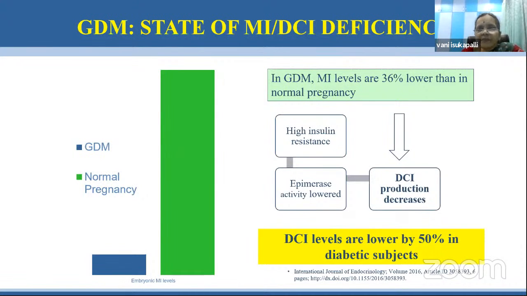So in GDM, if we look, myoinositol has an ability to reduce the GDM incidence by 36%, and DCI also has the capacity to reduce GDM in 50% of the subjects.